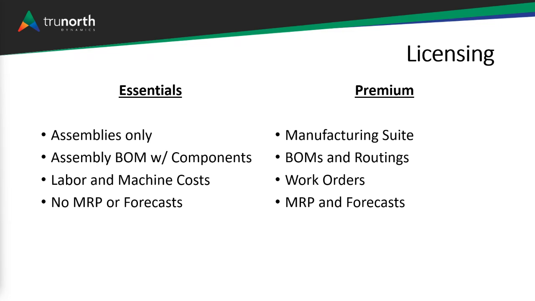You will create bills of materials and routings for the produced items, and manage the workflow using a work order system. And again, you have the option of running MRP, MPS, sales forecasts, demand planning, etc., to help you plan and schedule the production that you're going to be going through.